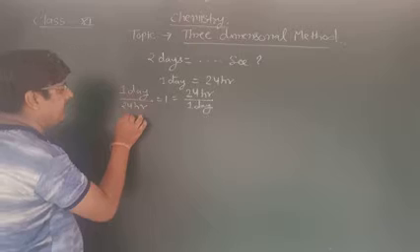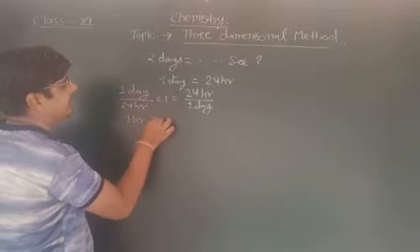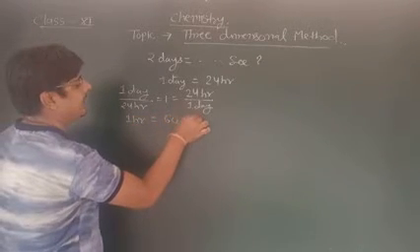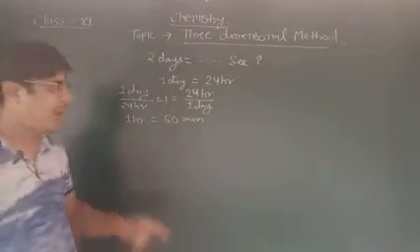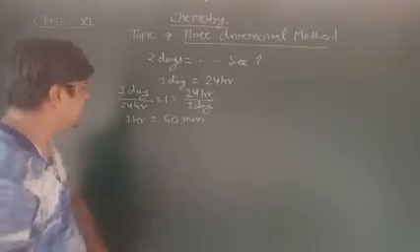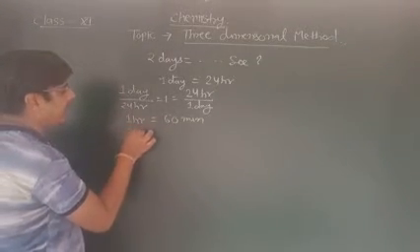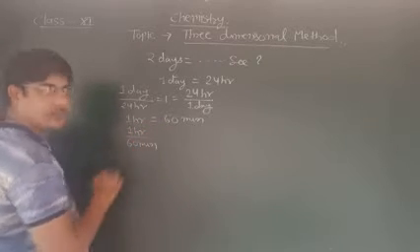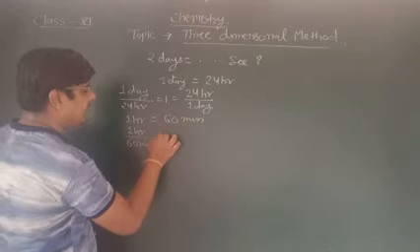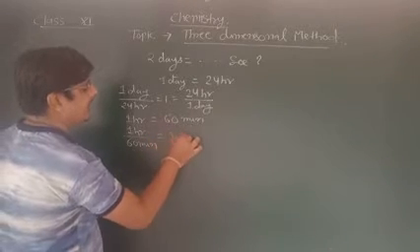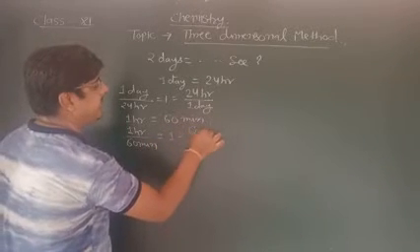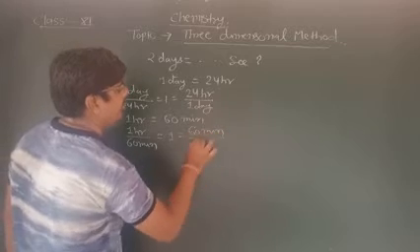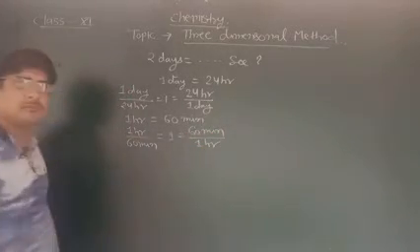You know very well 1 hour is equal to 60 minutes. Convert it into the unit: 1 hour upon 60 minute is equal to 1, which is equal to 60 minute upon 1 hour.